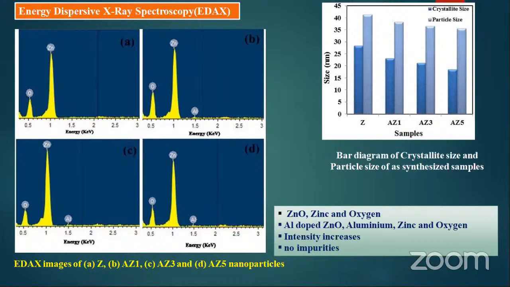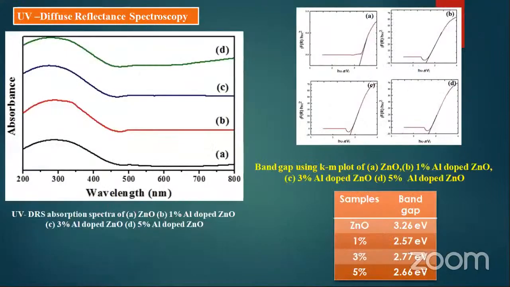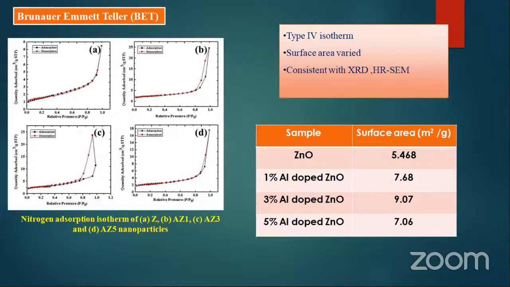UV DRS is done, and from the Kubelka-Munk plot, we have seen that the band gap is different for different samples, and it is highest for undoped and lowest for 1%. Then, in order to find the surface area, BET has been done, and the surface area is also varying.